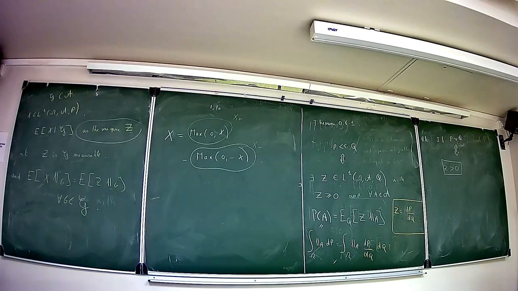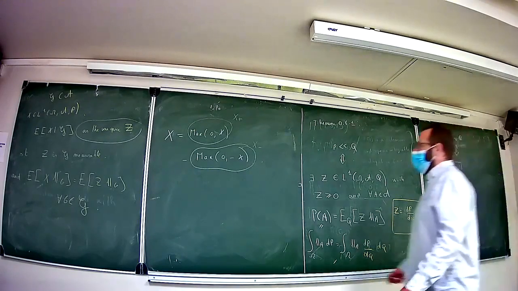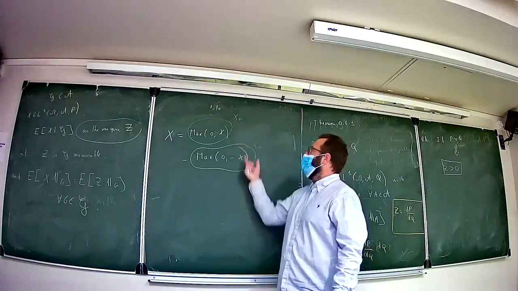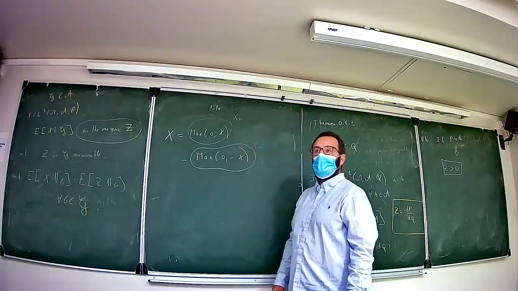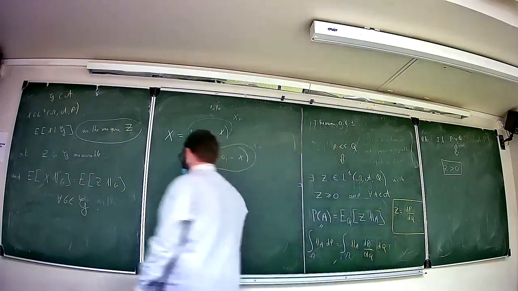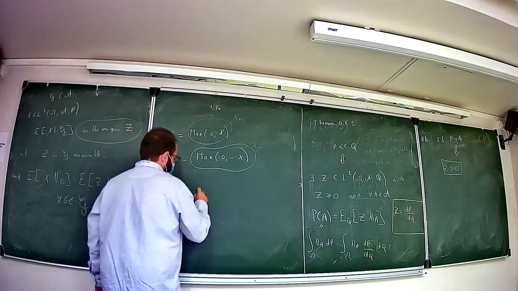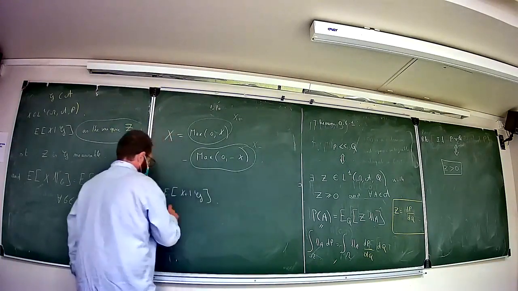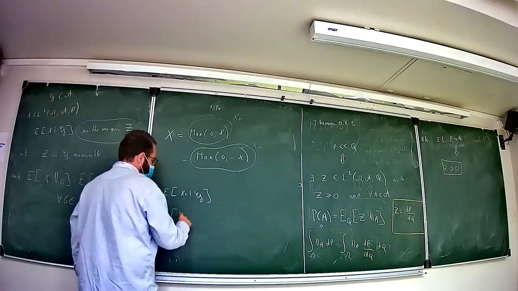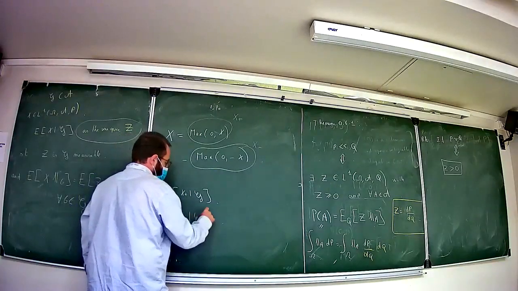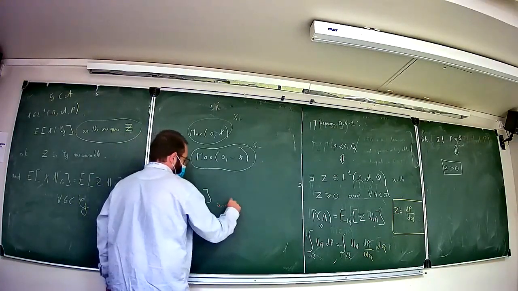Okay? And why, if I have this, does it answer my question? Because suppose that the conditional expectation of x plus given J and the conditional expectation of x minus given J are well defined.